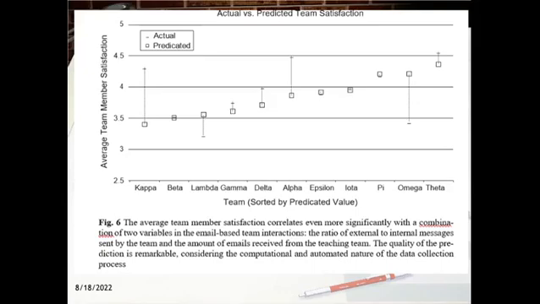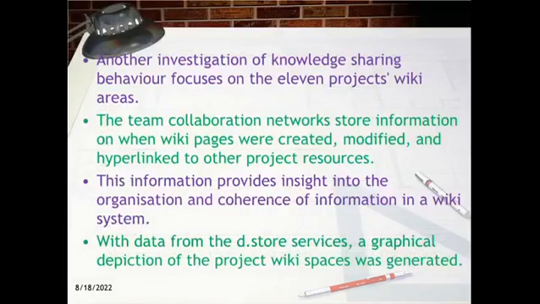of this phenomenon. Another investigation of knowledge-sharing behavior focuses on the 11 projects' wiki spaces. The team collaboration networks store information on when wiki pages were created, modified, and hyperlinked to other project resources. This information provides insight into the organization and coherence of information in a wiki system.